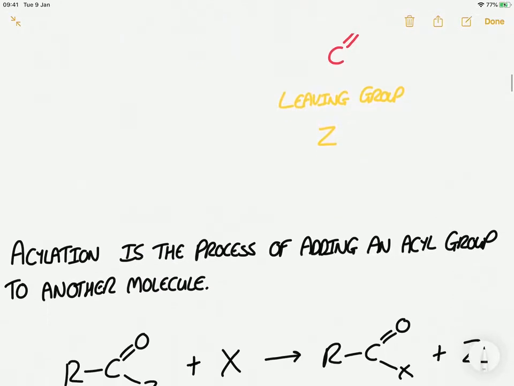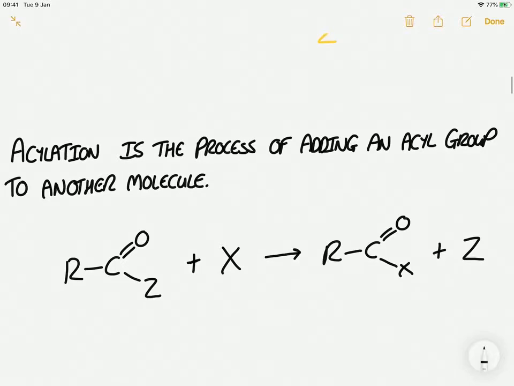Okay, just to highlight this a little bit, the following diagram is not useful in terms of mechanisms or actual reactions, but it's just to reinforce what we were just discussing. Acylation is the process of adding an acyl group to another molecule, or transferring an acyl group to another molecule. So what we've got here is Z, which is what the acyl group was originally attached to, leaves and is now on its own.